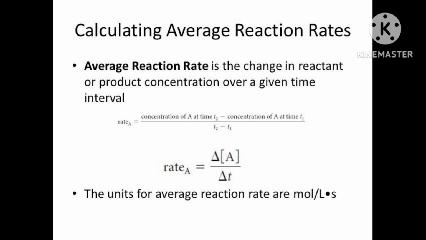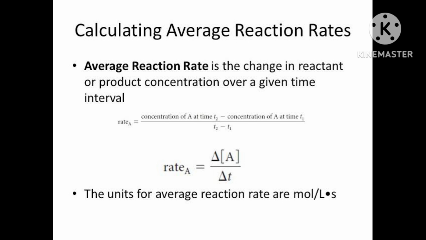Now that is equal to, in terms of product, it is giving two products, H2 and I2. For H2, what will you write? Delta [H2] divided by delta t, and the sign will be plus. This is the rate in terms of hydrogen gas.